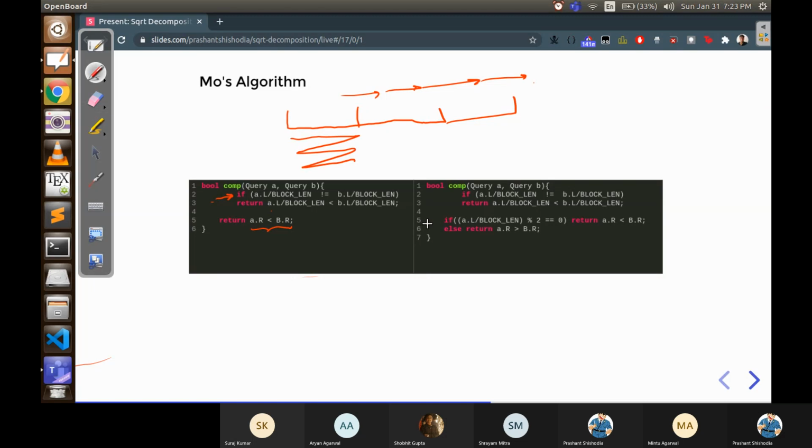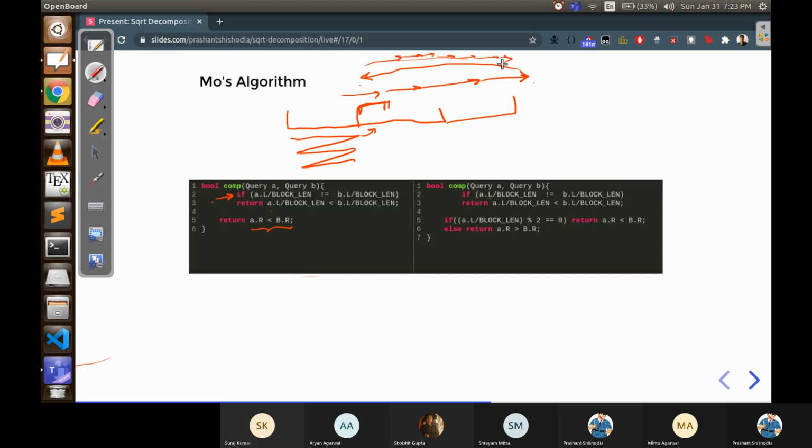But the problem here is that suppose the left pointer is moving in a zigzag motion, and the right pointer is going forward. But when you enter the second block, the right pointer will have to come back, and then it will still start moving forward.